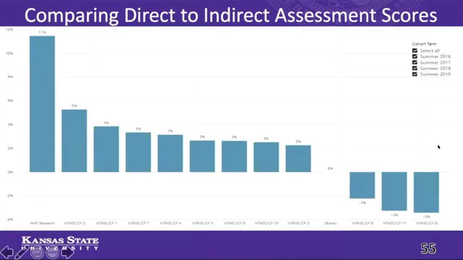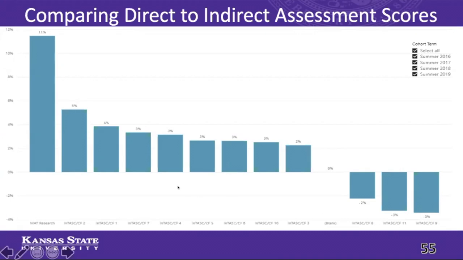Here's another example that has been very useful with many programs. This comes from our College of Education, and what they wanted to look at is the difference between how well students perceive their learning as compared to how the faculty are scoring their learning. So they took the same scoring device that the faculty are using and had the students score themselves in each of these specific criteria areas.